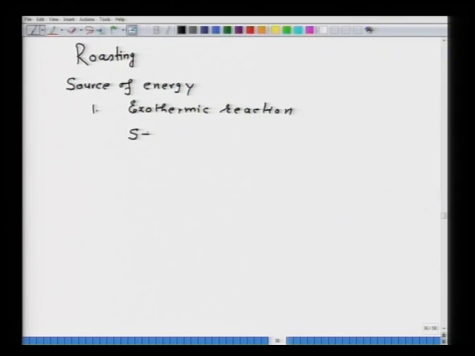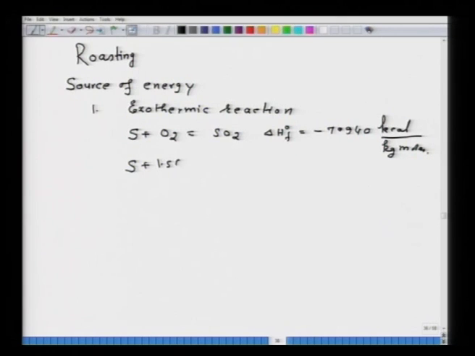For example, S plus O2 gives SO2, and delta H naught f at 298 is equal to minus 70,940 kilocalorie per kg mole, a highly exothermic reaction. Or it is also possible to have formation of sulfur trioxide, where delta H naught f is equal to minus 93,900 kilocalorie per kg mole.